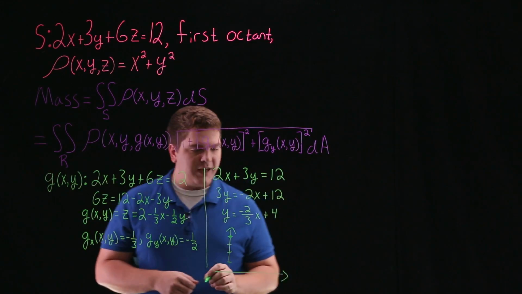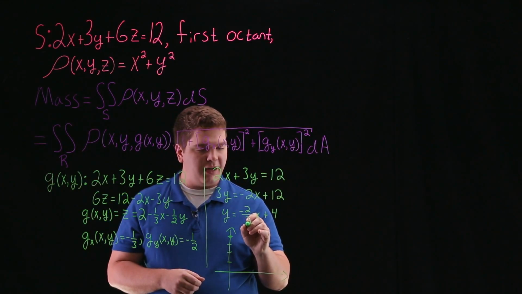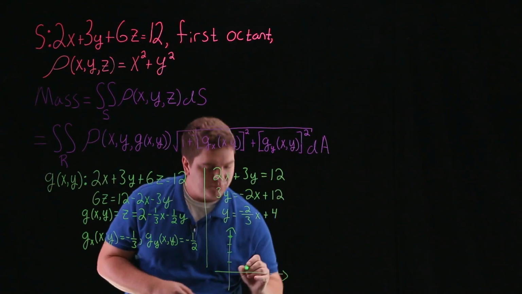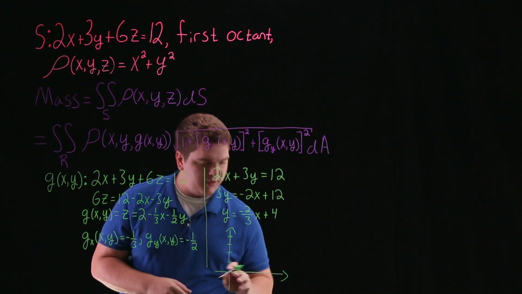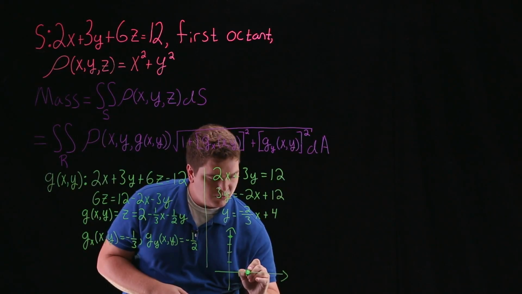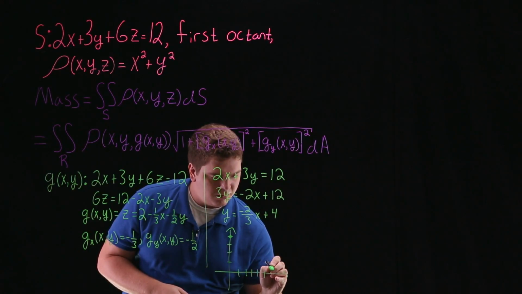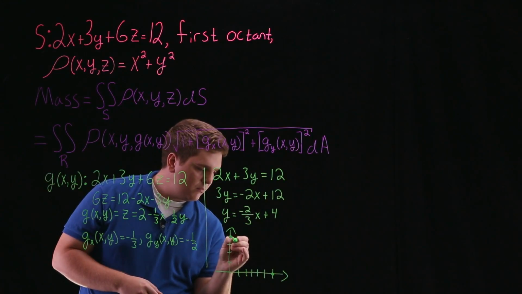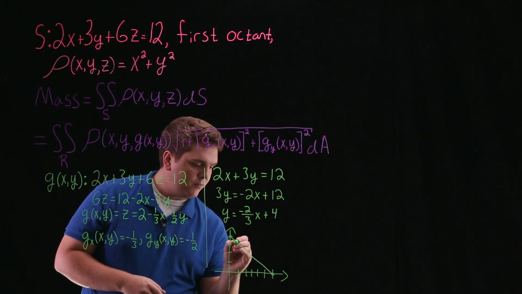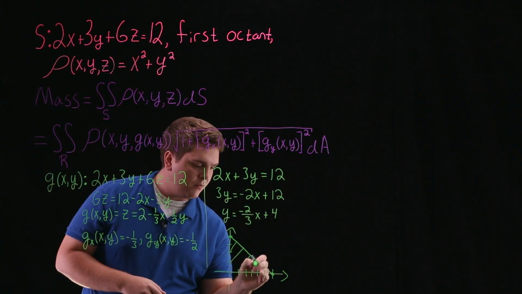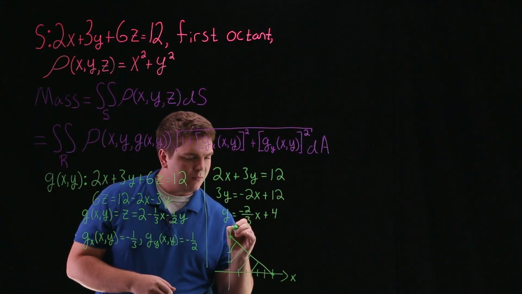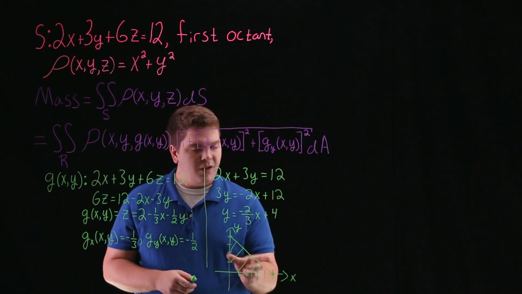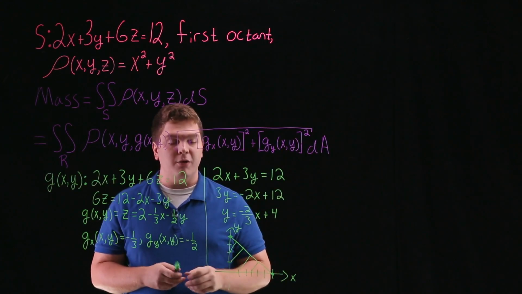What that's going to tell us is that we're going to have to come over 6 in order to hit the x-intercept. So in the xy plane, this is the region which we're integrating over.